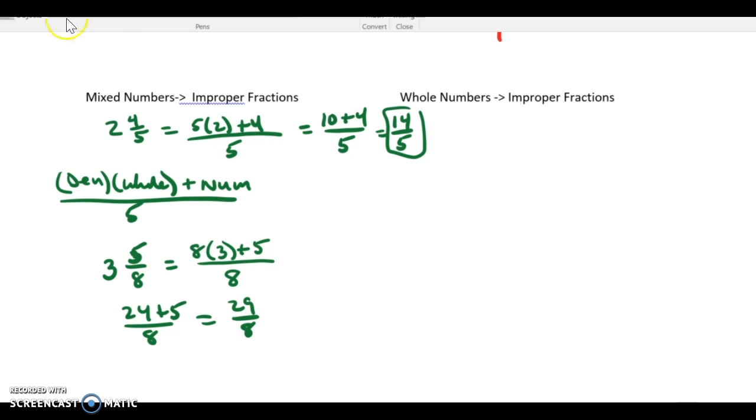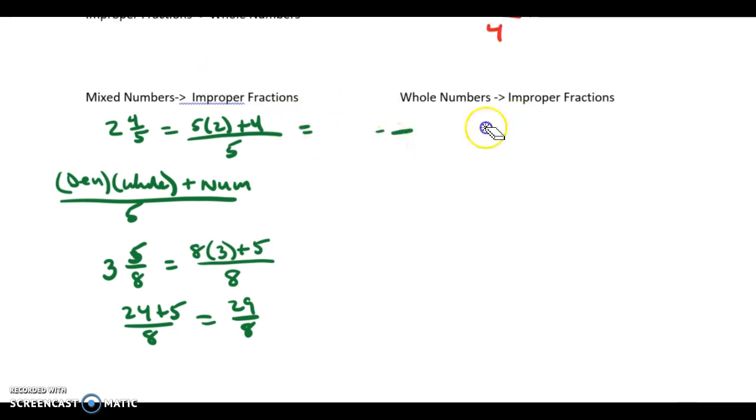Now, what happens if we want to change a whole number to an improper fraction? Well, if I take the whole number, say 6, and I want to turn it into a fraction, but I want that fraction to have a denominator of, say, 2.